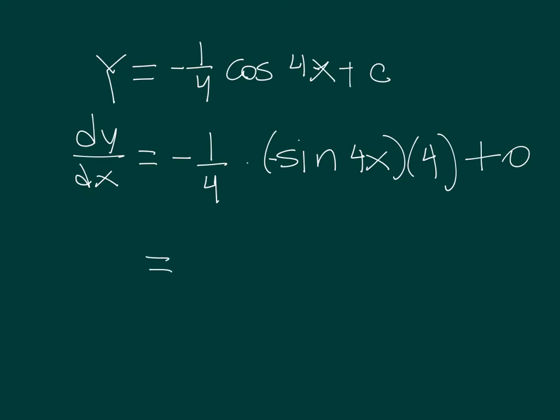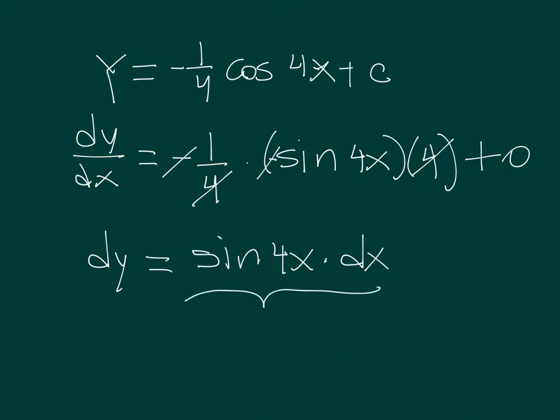So this will be 4 and 4, negative and negative. The dy will be equal to sine of 4x times dx, which is exactly the first integrand that we have at the beginning.